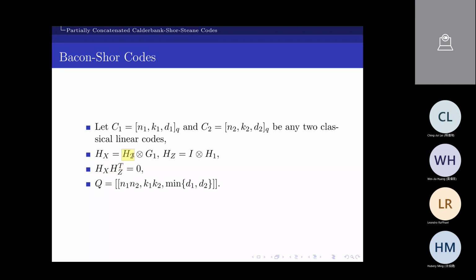It is easy to see that HX and HZ satisfy the dual containing constraint for classical linear codes. Yes, because G1 is the generator matrix of C1, and H1 is the parity check matrix of C1.